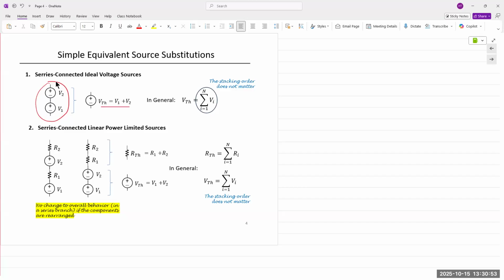Is this always the case though? Let's say you have two batteries, like in a remote control or an RC vehicle. You might have inserted batteries in there, and those batteries are connected in series.